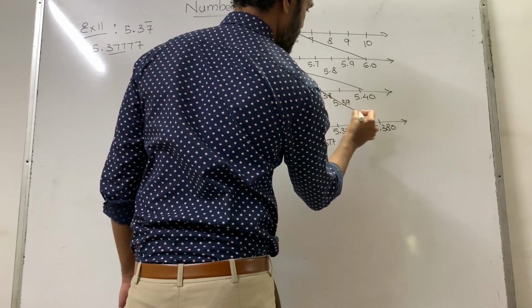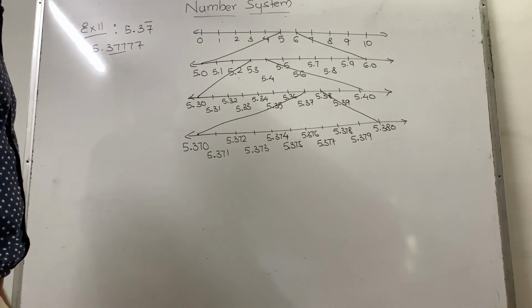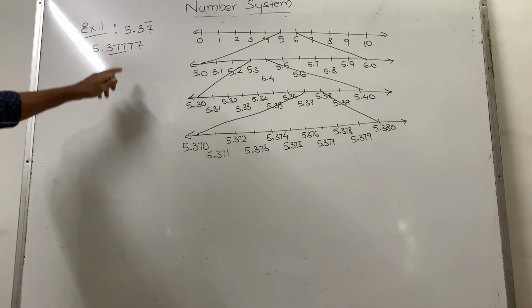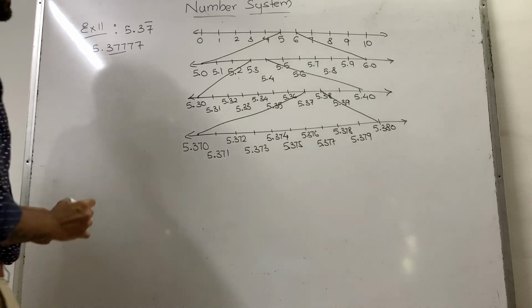This is 5.38. So this is 3 decimal places. We have to go up to 5 decimal places.